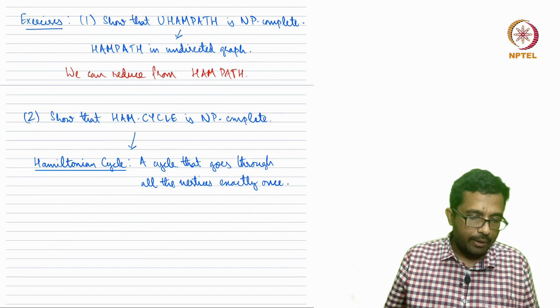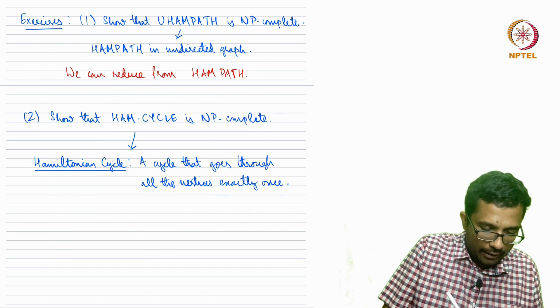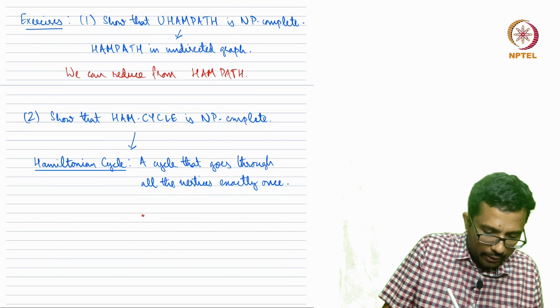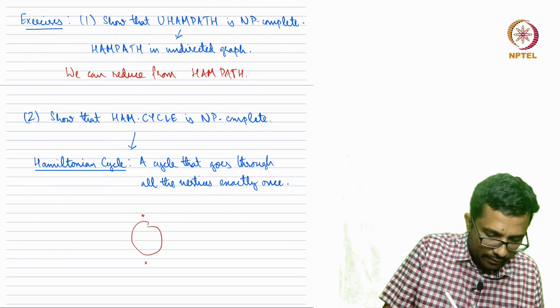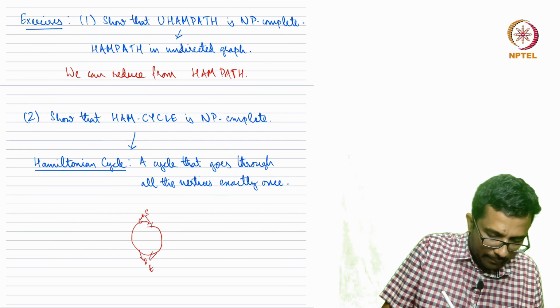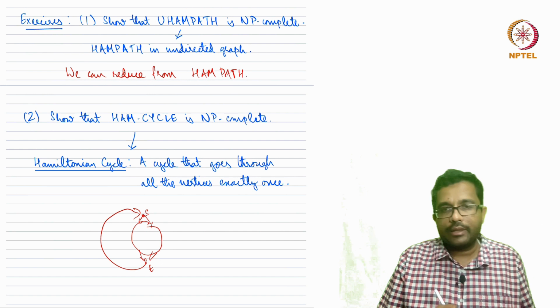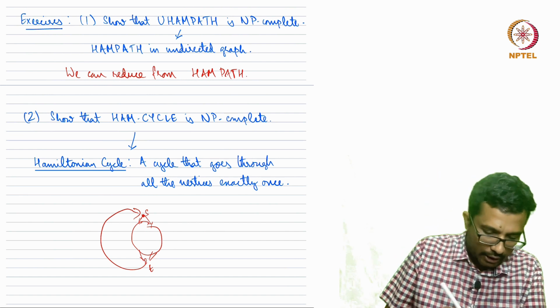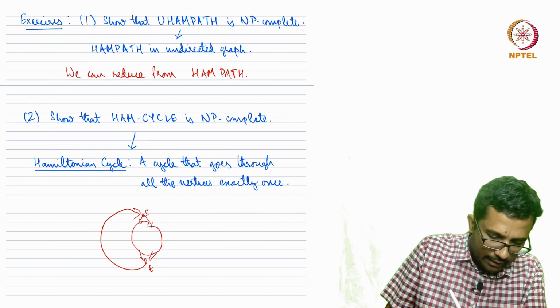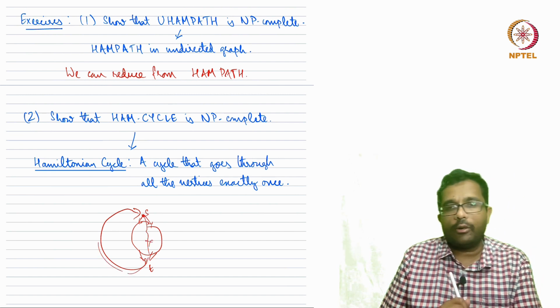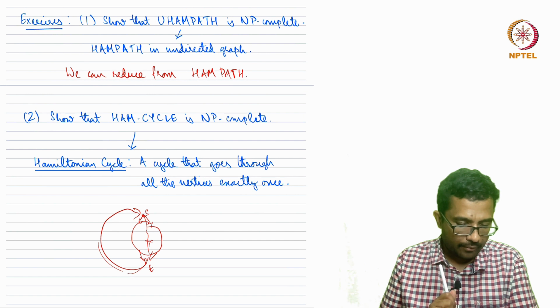One thing that you may want to do is, if a graph has a Hamiltonian path, let's say this is the graph and this is S, and this is T. One thing that may be tempting is to connect T to S using a directed edge. Now if this original graph has an ST Hamiltonian path, then along with this new edge, this forms a Hamiltonian cycle.